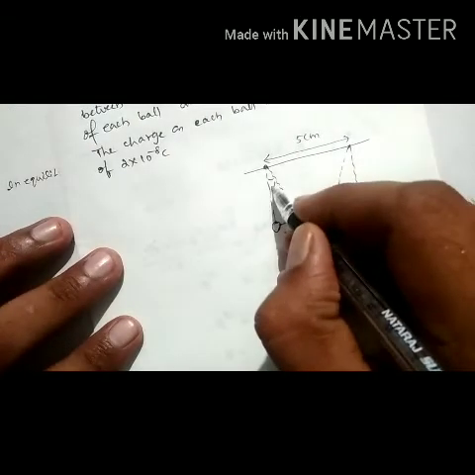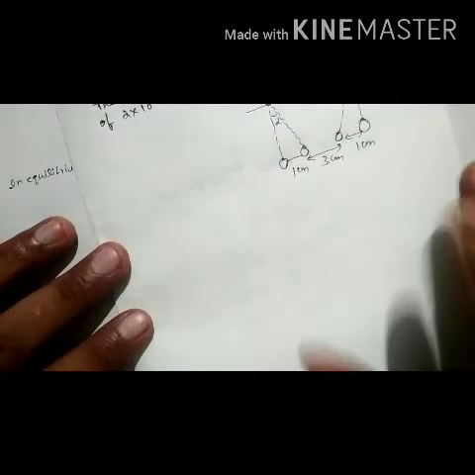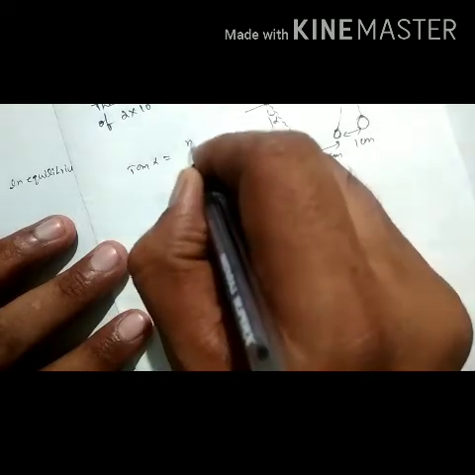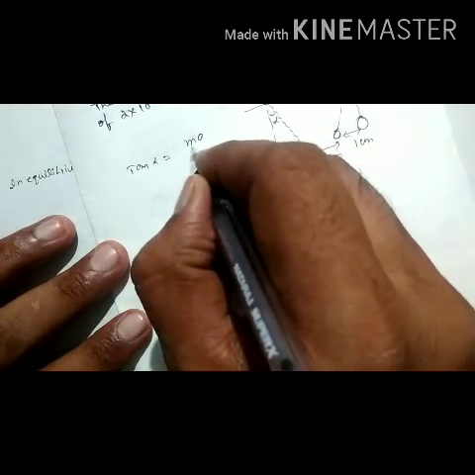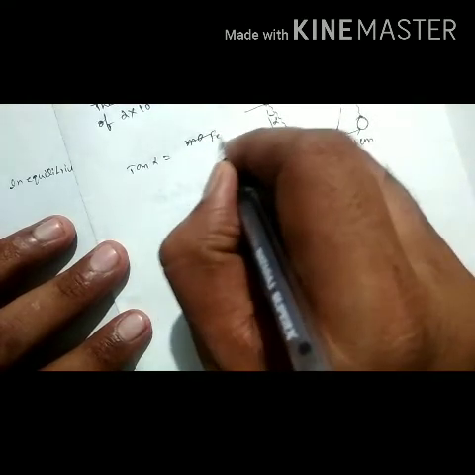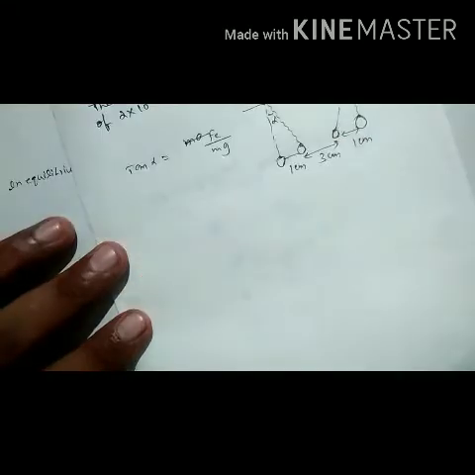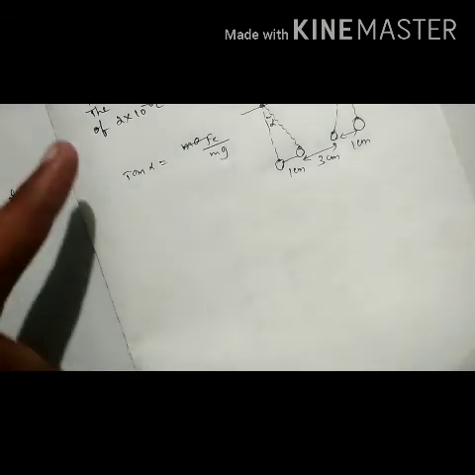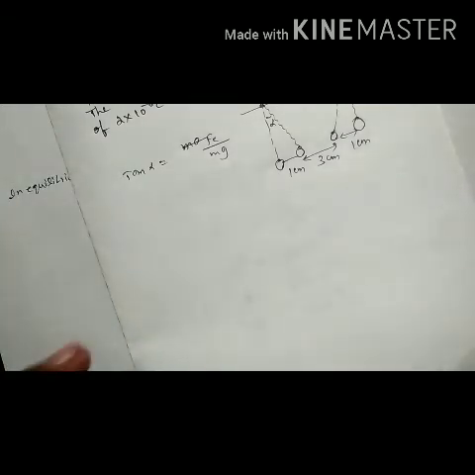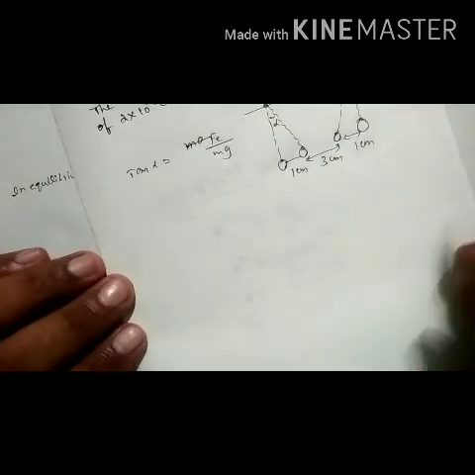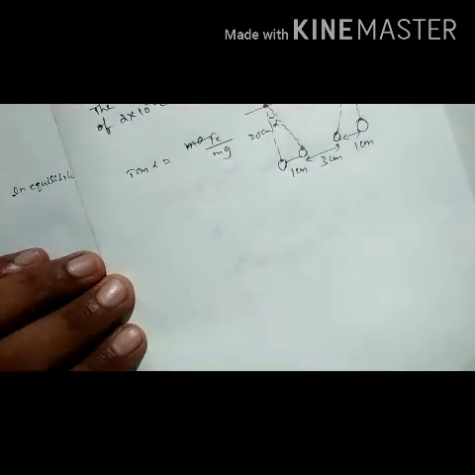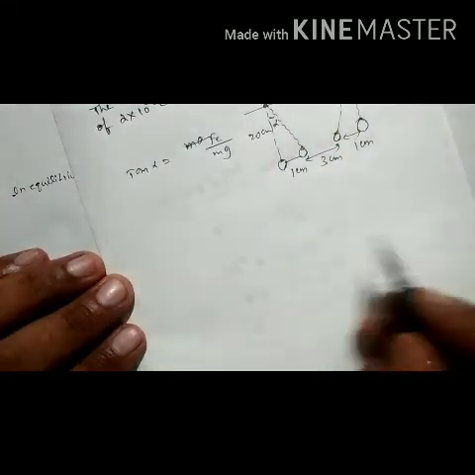This angle will be alpha. Again you can use the same formula. Tan alpha equal to F_e by mg. You have to find the mass of each ball. The charge on each ball is given. So first you have to find mass. What is the length of each string? Again it is 20 centimeters.